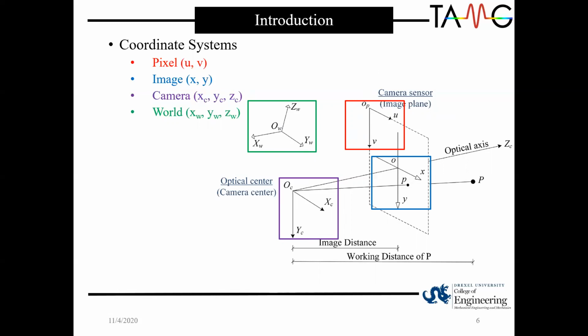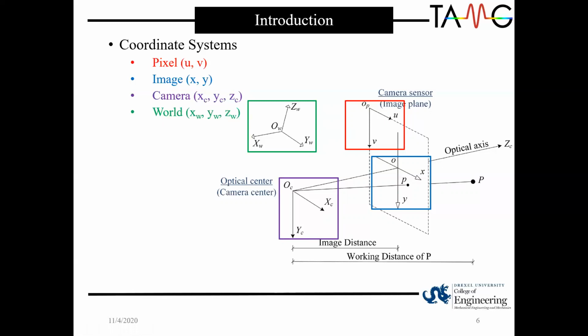But realize that there are three different coordinate systems within the image itself. So there's the image xy, which is also given with the uv for the pixel location, the camera coordinates, Xc, Yc, Zc, and then the world coordinates, which is Xw, Yw, Zw. This is just generic fundamental information that you need to know.